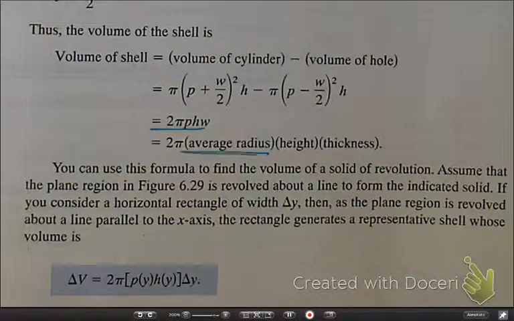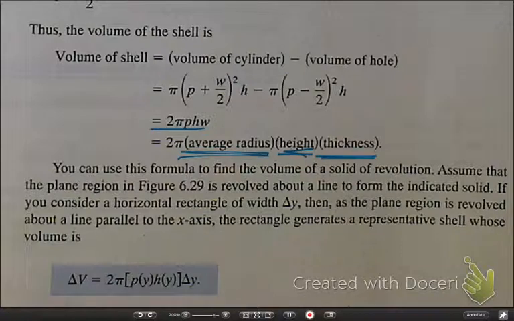P is the average radius, and P is always changing. Obviously 2 pi won't change, but P is always changing because when you take different x values, you're going to have different radius values. The h, the height, is always changing as well because your function will be at different heights at various points.